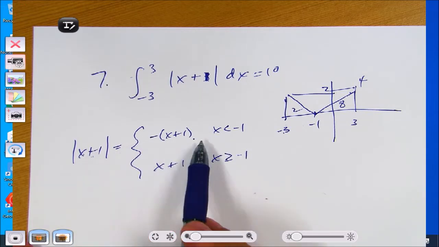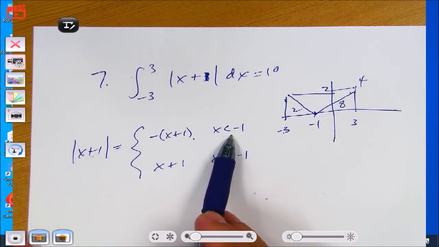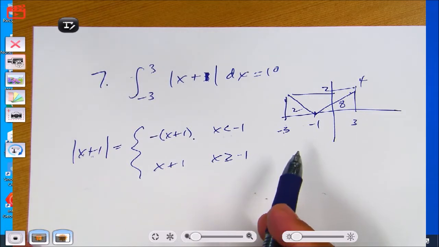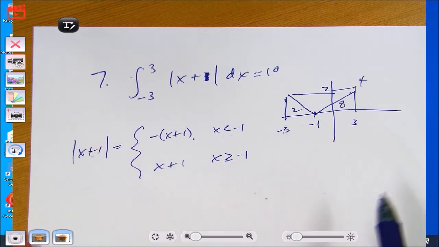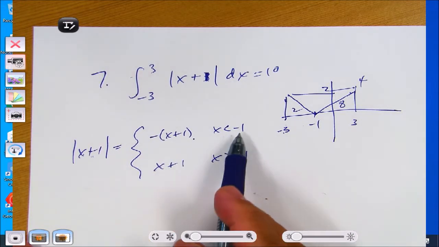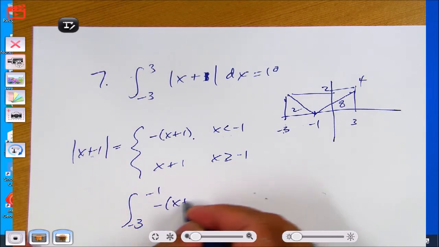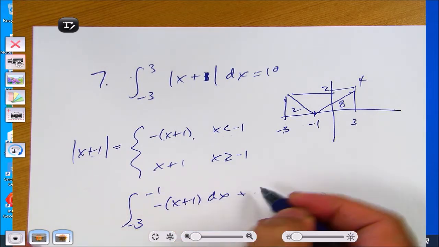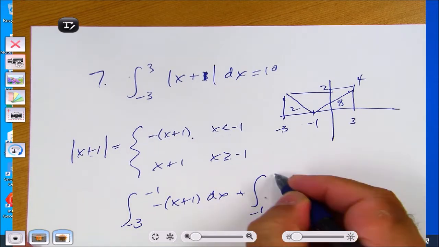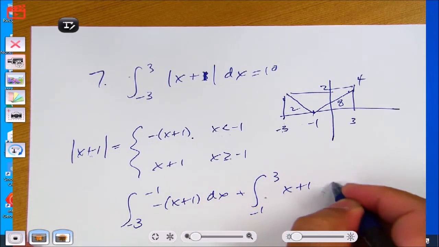So what's inside is negative when x is less than -1. You have to break it at the -1. Because of that, you're going to do -3 to -1 of the opposite of x plus 1, plus -1 to +3 of x plus 1.